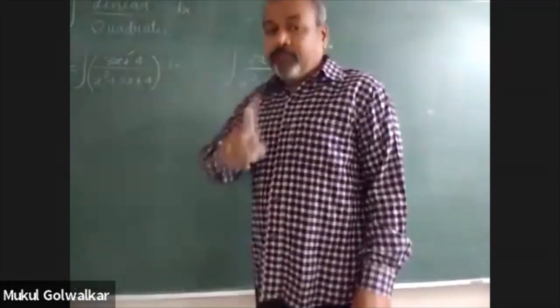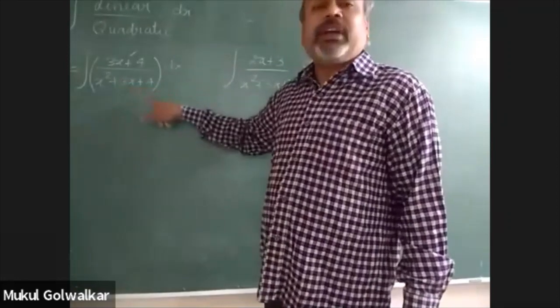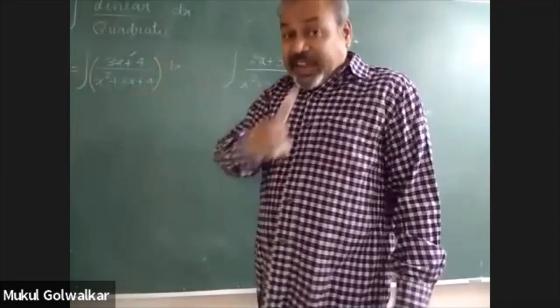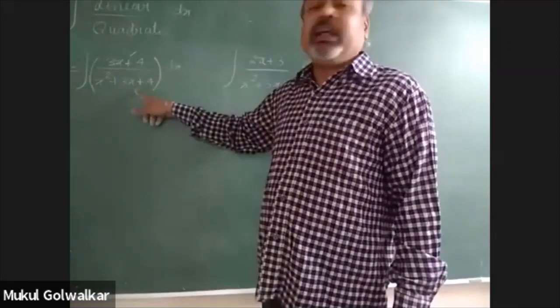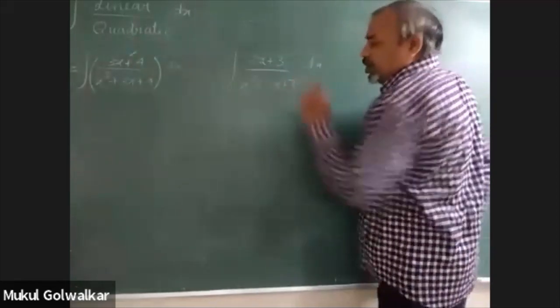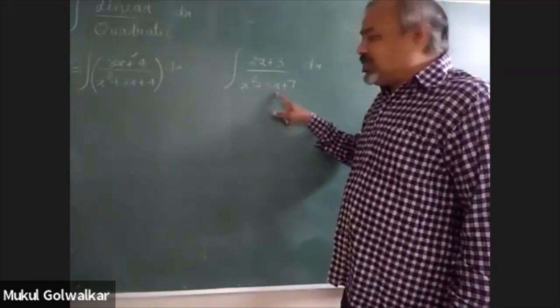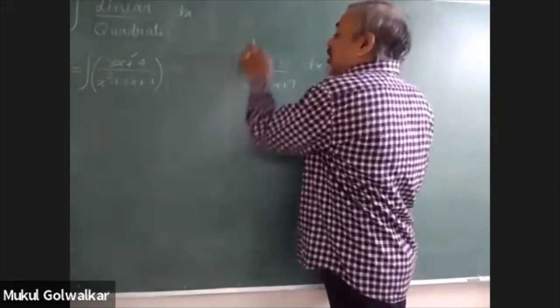First thing I am telling you, always do one thing. Try to find the derivative of the denominator of the function and check whether the derivative of the denominator is present in the numerator or not. As in this case, you can see that the derivative of the quadratic is 2x plus 3, and the same thing is present in the numerator.